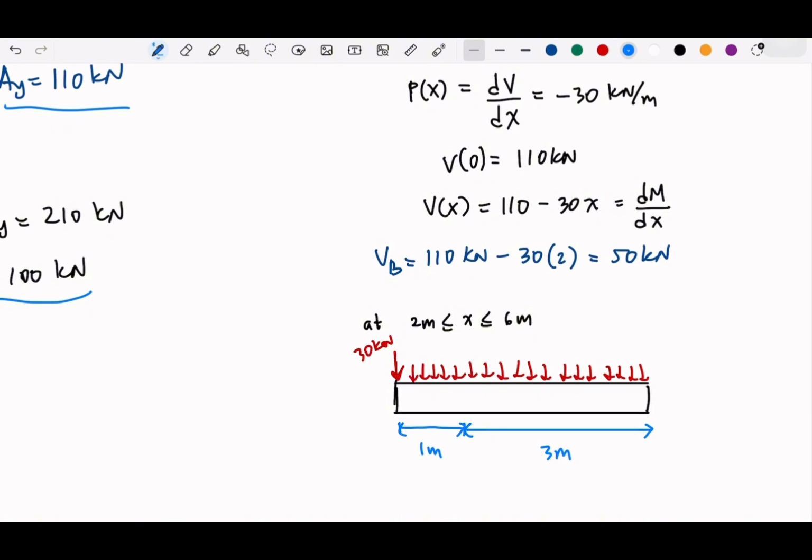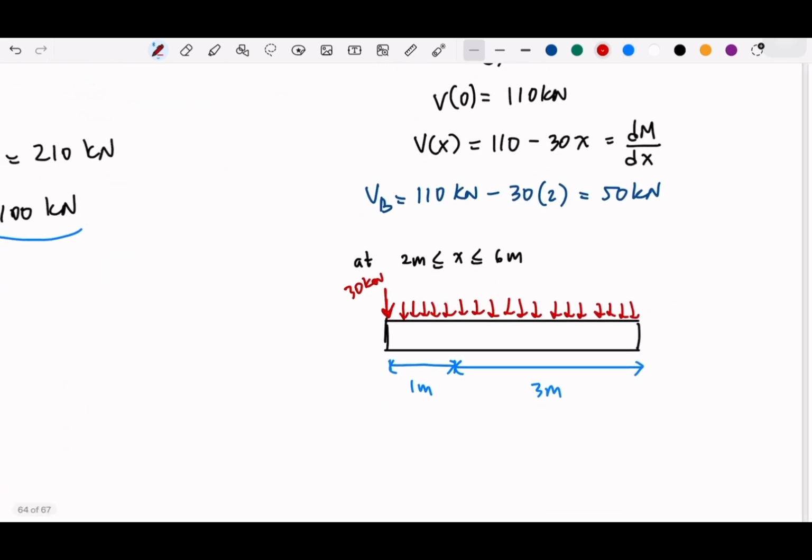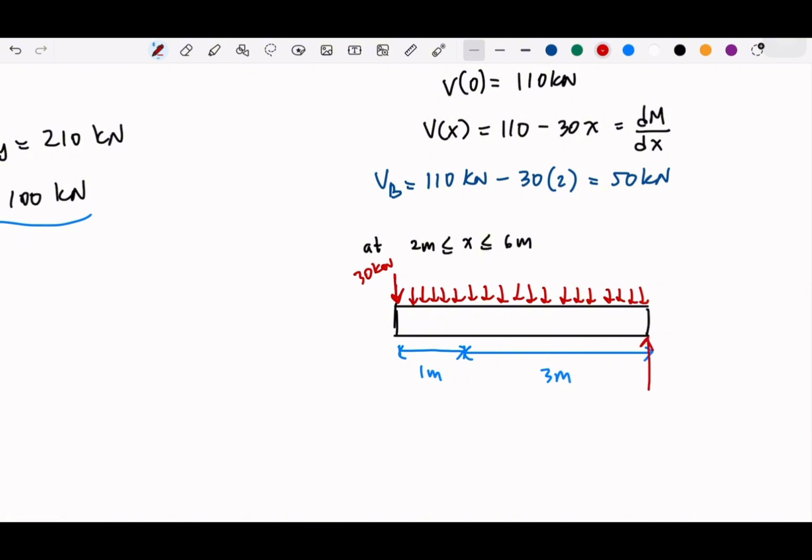And at the end, I forgot to write Ay here. Let me write Ay, and here we have Cy. So this will be B, this will be D, this will be C, right?